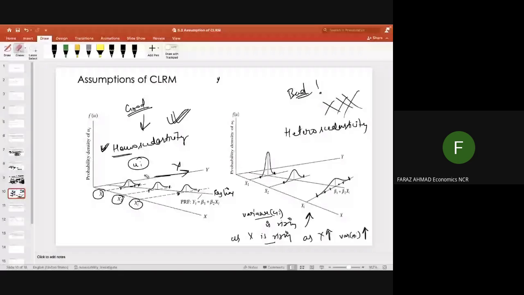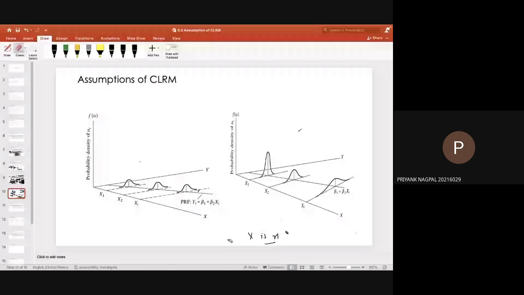Let us say our dependent variable y. Let me clear everything from here. So, what is the meaning of this?